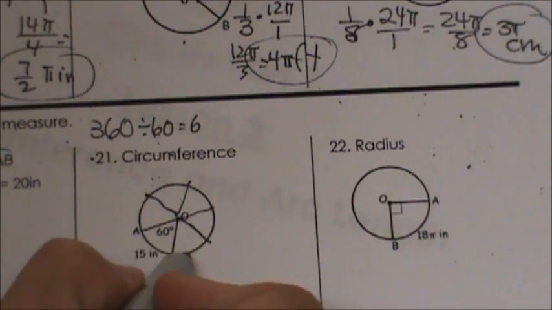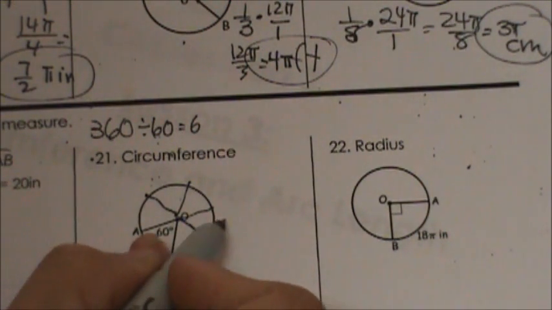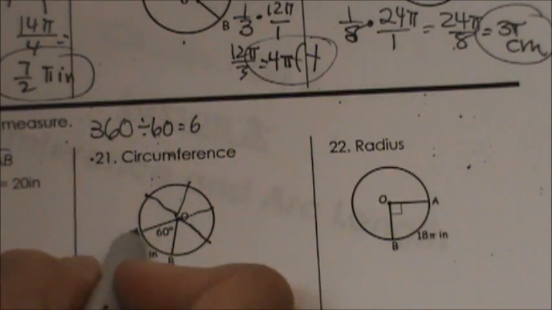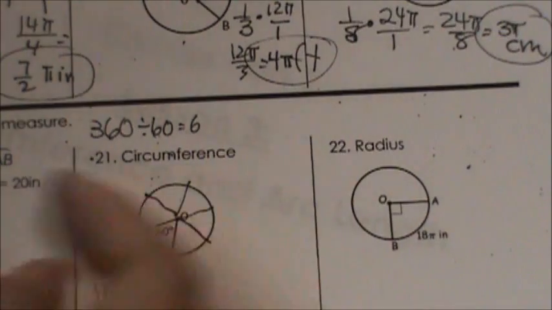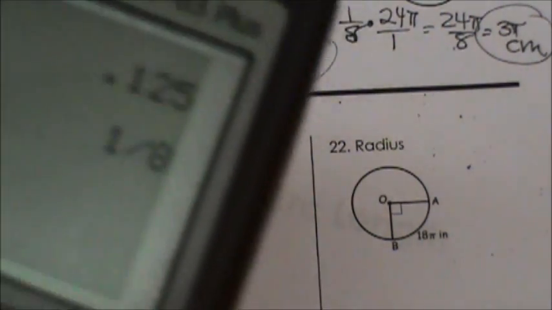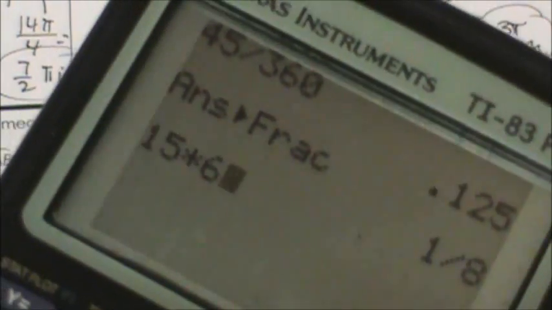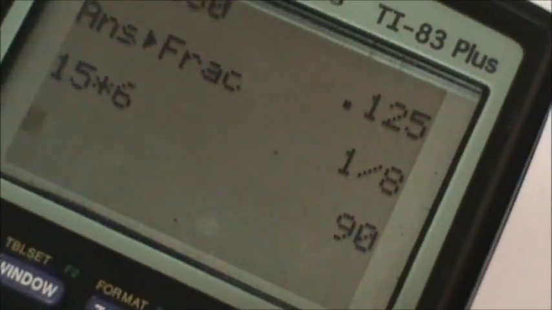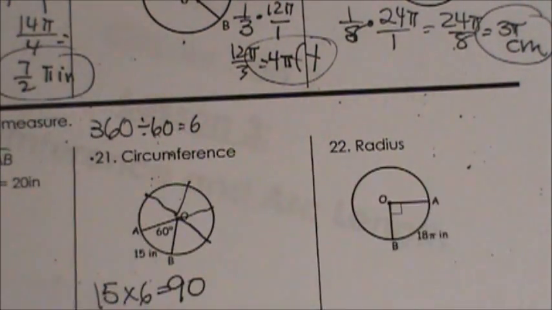If each one of these is 15, I would have 15, 15, 15, 15, 15, and 15. So I'd have 6 15s. So I can take 15 and just multiply it by 6, and I can have my answer. That is just straight number sense. It's 15 times 6. So the answer to that problem is 90. It's just 90 because I have 6 slices.